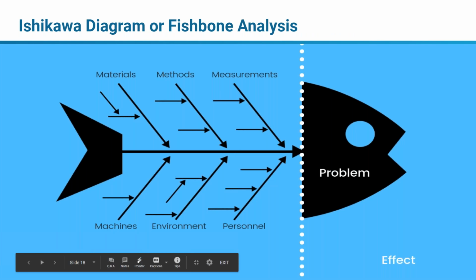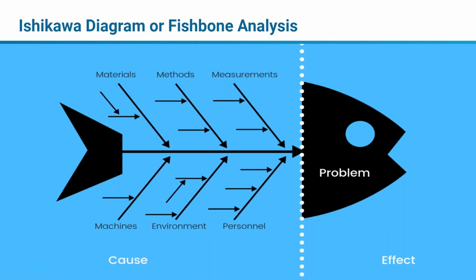So the next tool that we can talk about would be the fishbone analysis. I typically think of the fishbone analysis as used for more complex issues. It's used for brainstorming issues and causes of particular problems, and is often used in conjunction with the 5 Why.